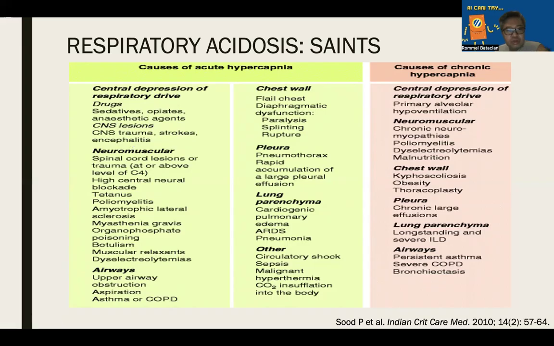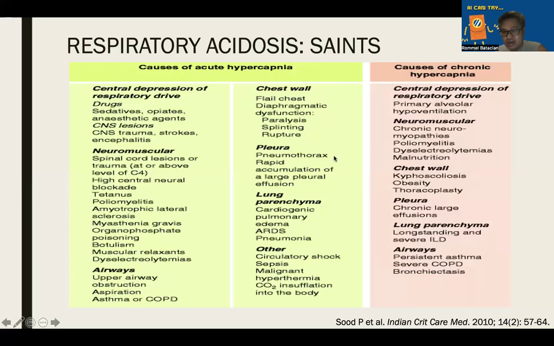It could also be due to an airway problem. It could be due to interstitial lung diseases. It could be due to neuromuscular diseases that could also affect the mechanics of respiration for individuals.